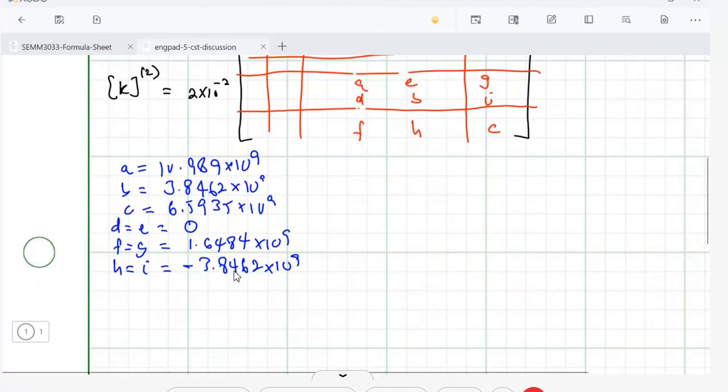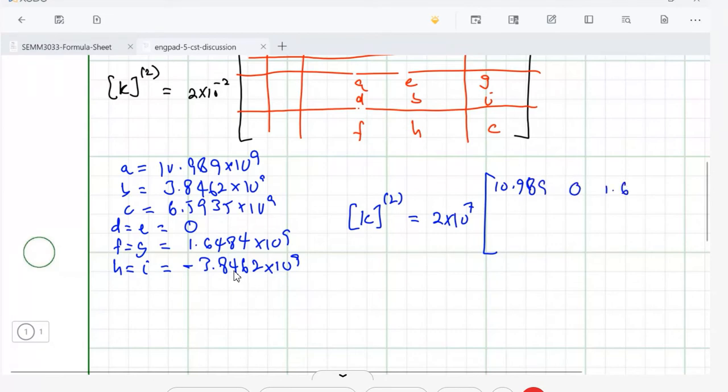So my K2, this is global. K2 is just 2 times 10 to the power of 7 of all these numbers: 10.989, 0, 1.6484, 3.8462, minus 3.8462, and then 6.5935.